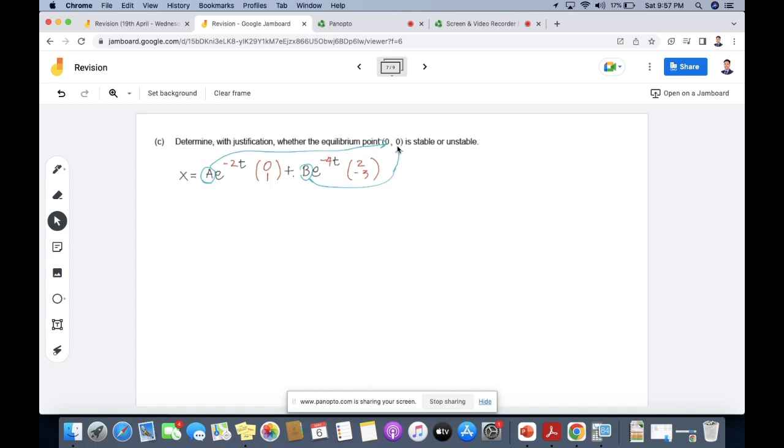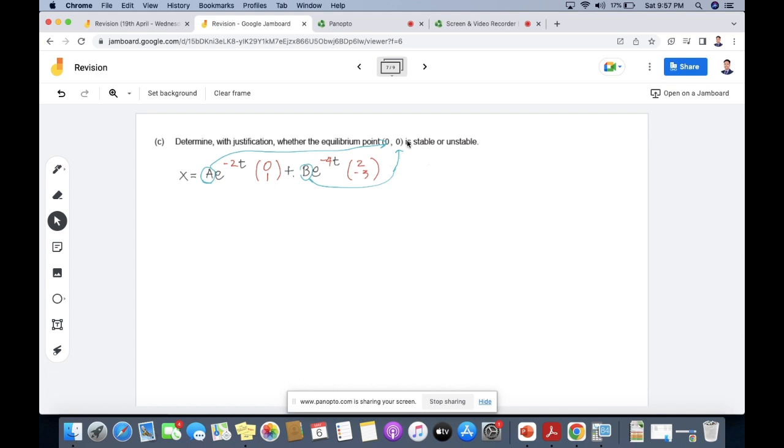If you recall our lesson on particular solutions to coupled differential equations, we actually encountered systems of linear equations in variables A and B. So if we focus on A first, let's see whether the equilibrium point is stable or unstable.